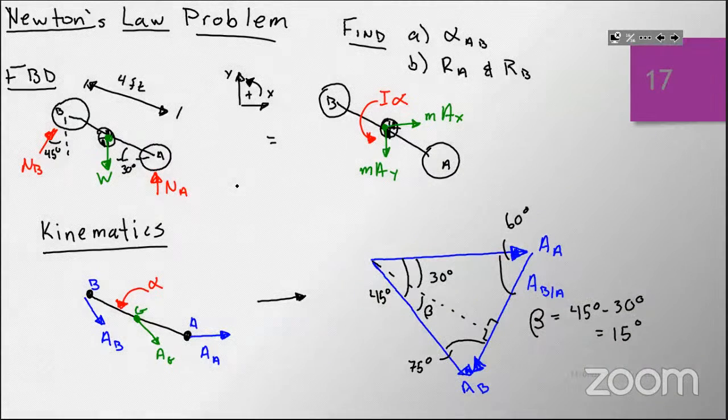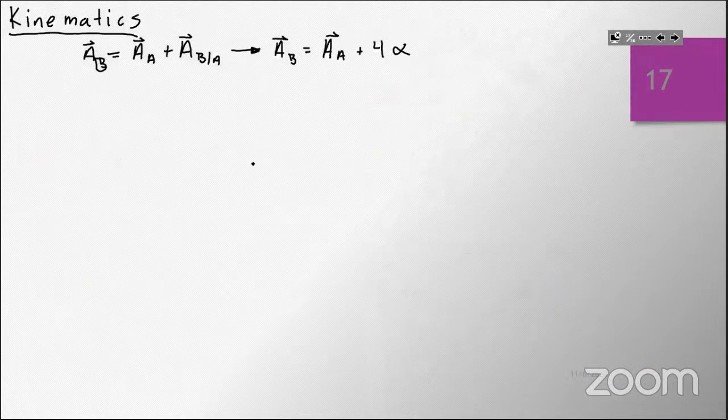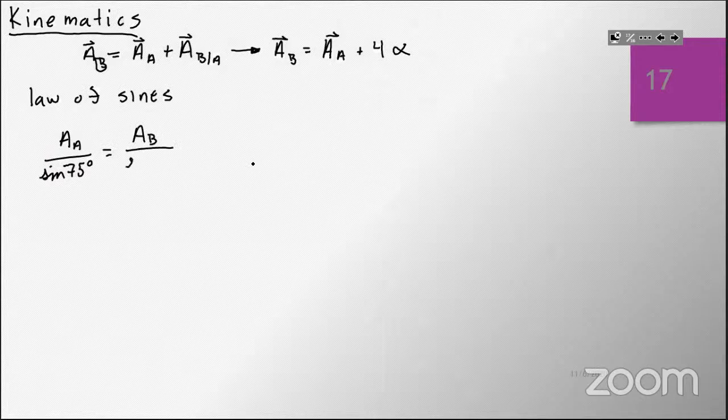So use law of sines. Remember, law of sines tells us what? Well, it tells us that if I have the length of one side divided by the sine of the angle across from it, that has to be equal to the length of another side divided by the sine of the angle across from it, which is equal to the length of the third side and the angle across from that.